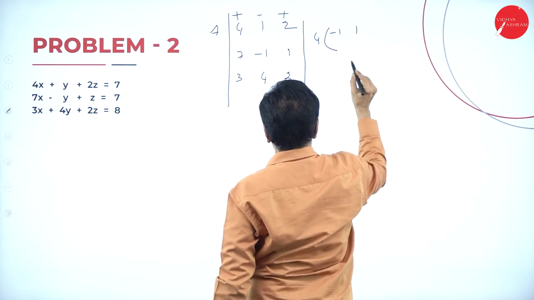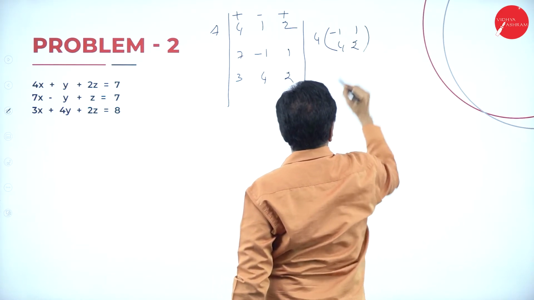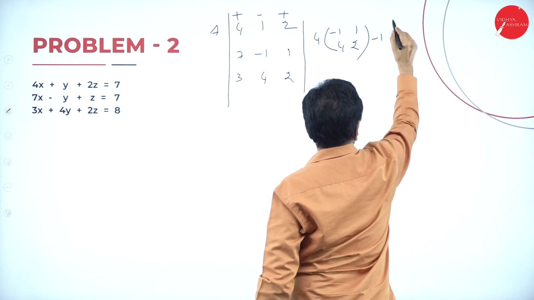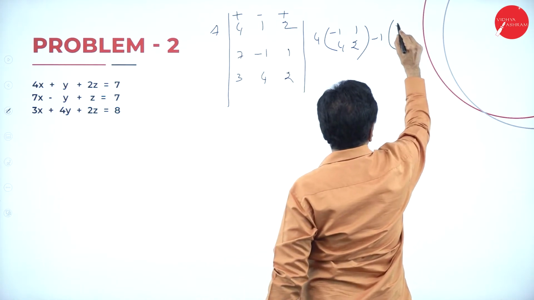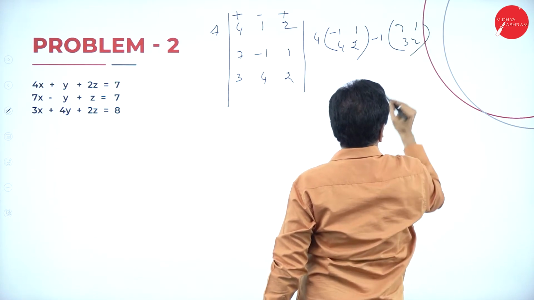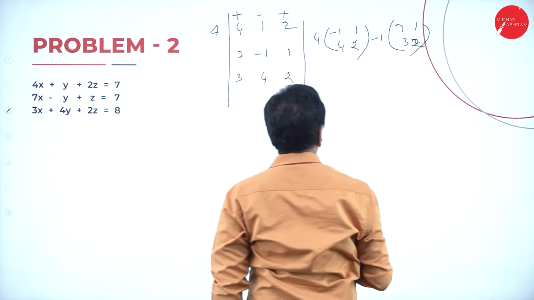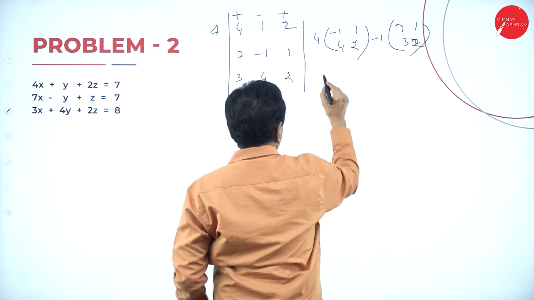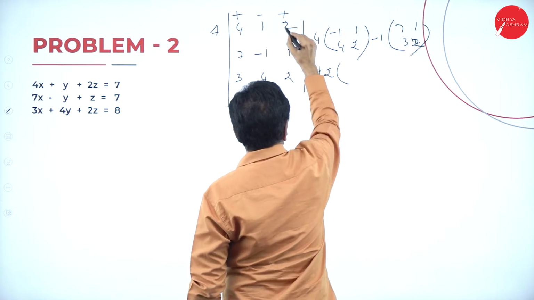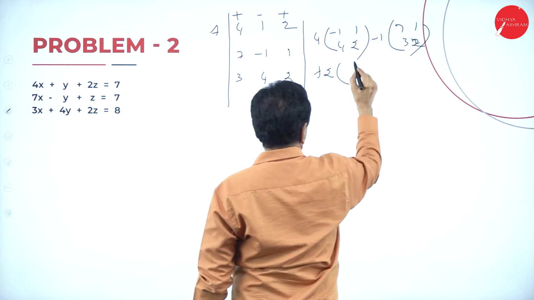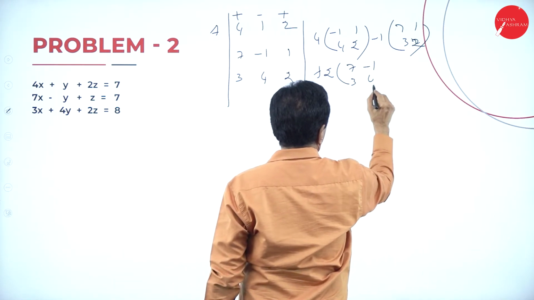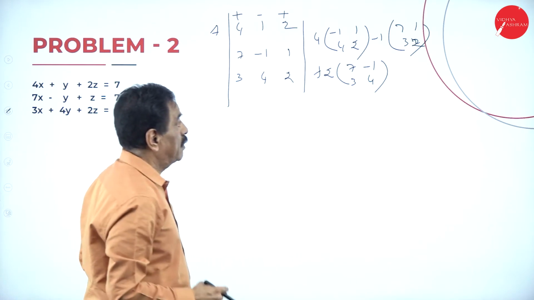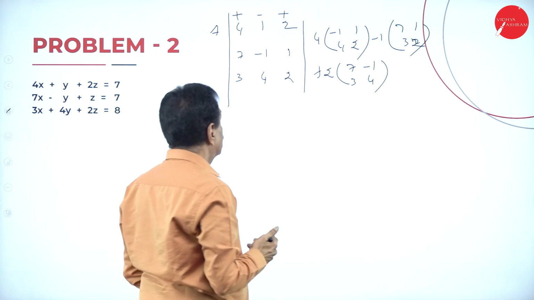Minus 1, 1, 4, 2, minus 1. This will go and this will go. 7, 1, 3, 2. When you say plus 2, this will go and this will go. What is left over? 7, minus 1, 3, 4. Solve this.